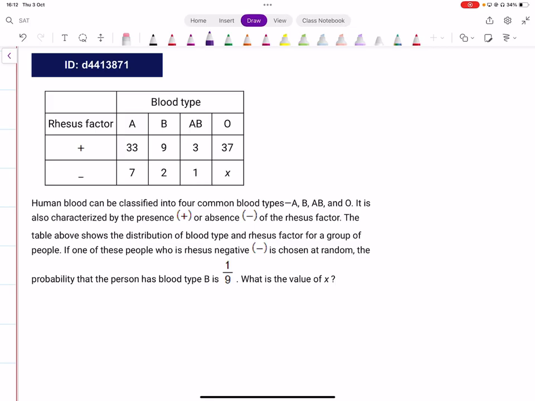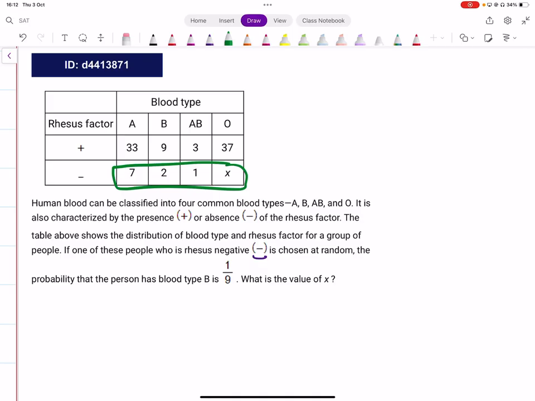If one of these people who has a blood type that is negative is chosen at random, the probability that the person has blood type B is 1 over 9. What's the value of X?